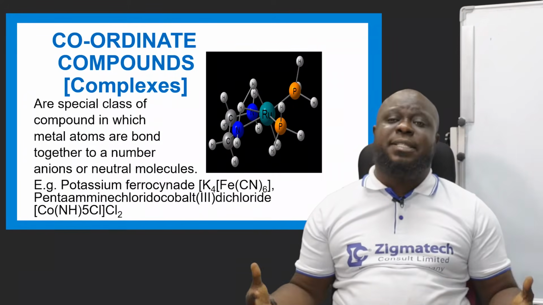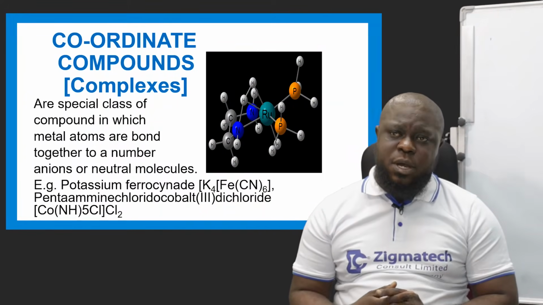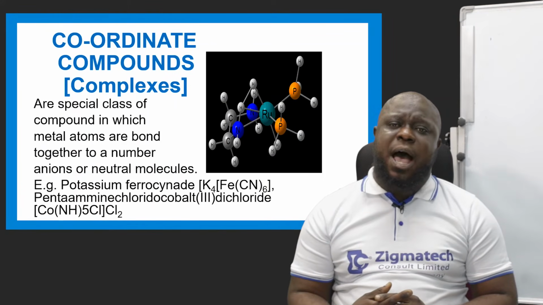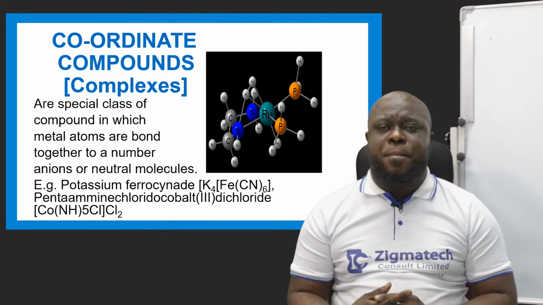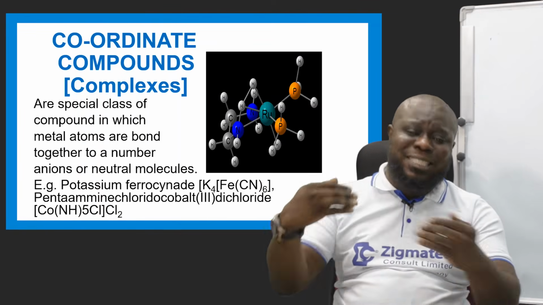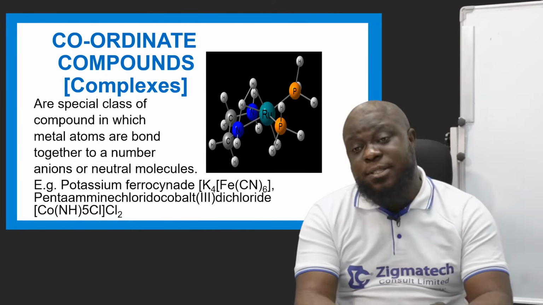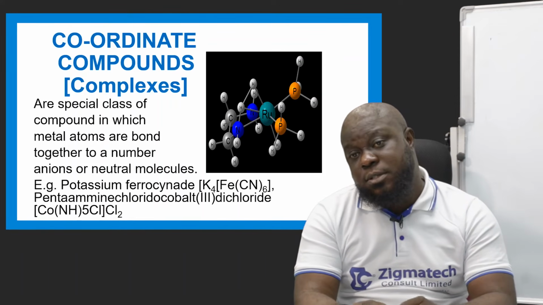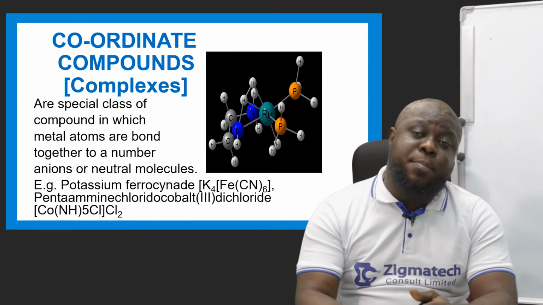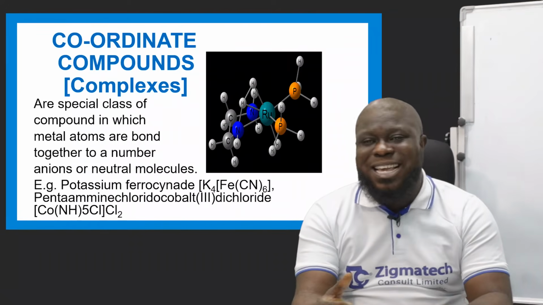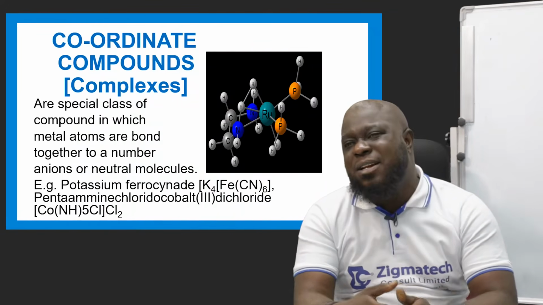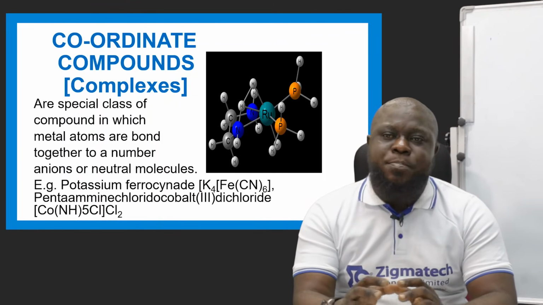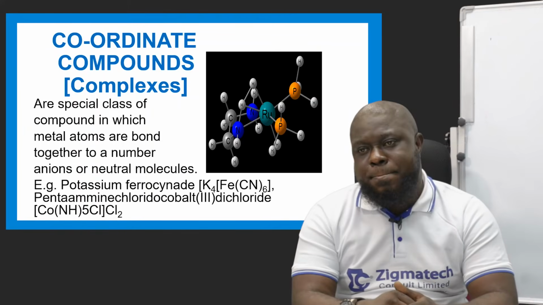Now, these complexes or coordinate compounds are metal atoms, but these metal atoms are bonded with neutral substances, not with atoms that have charges. Sometimes they can be bonded with anions, but in a minimal range. They always bond with molecules that are neutral.